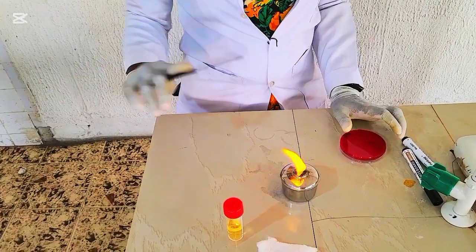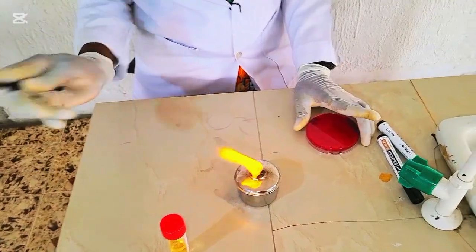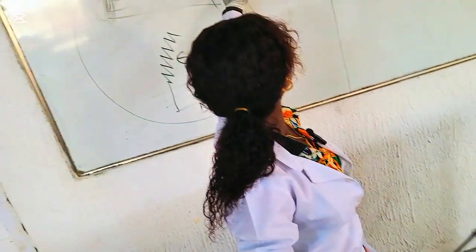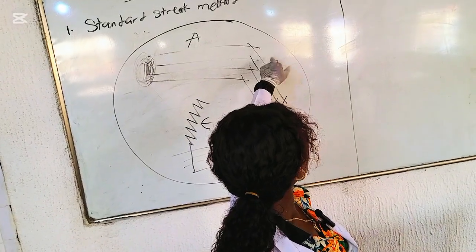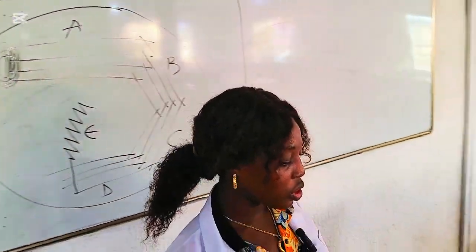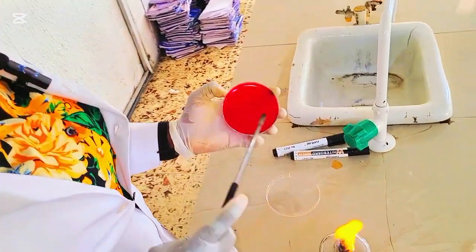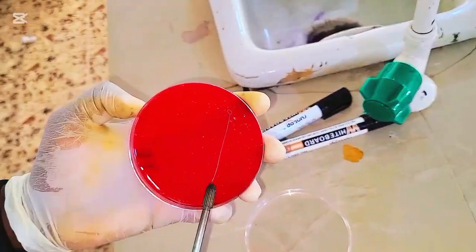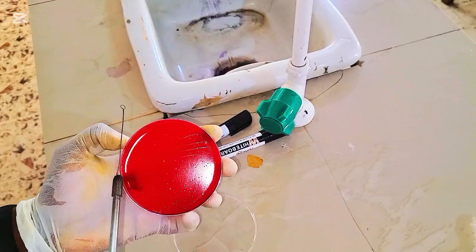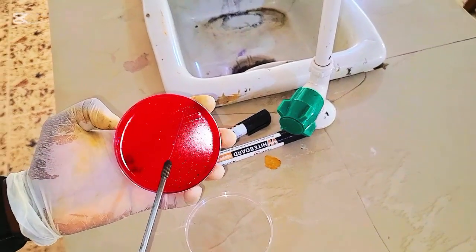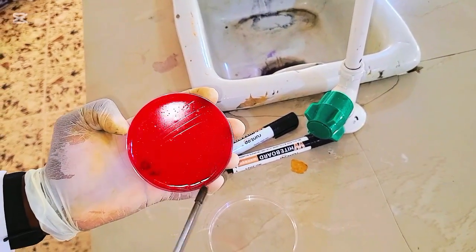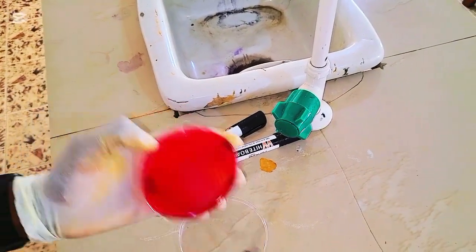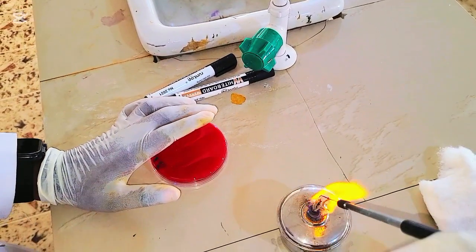You cool. Then once it's cool, you streak again from, like I said, the distal end of the previous streak. The distal end, that's the ending part of the previous streak. So now that's what we're going to do. This is the distal end of the previous streak. So this is our first streak. So we're going to streak from the distal end. You see? You flame red hot again.